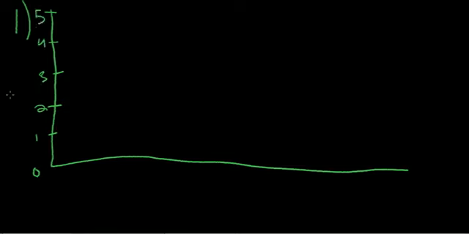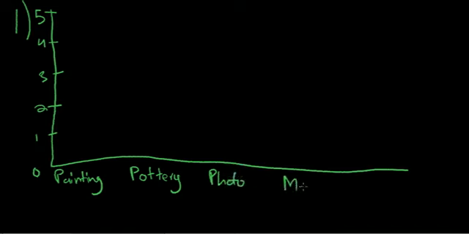And there are different parts. There's painting. There's pottery. I'll just write pottery. There's photography, which we're just going to write photo because that's a very long word. There's metal work. We'll keep that at metal. And there's silk screen. That's just silk.